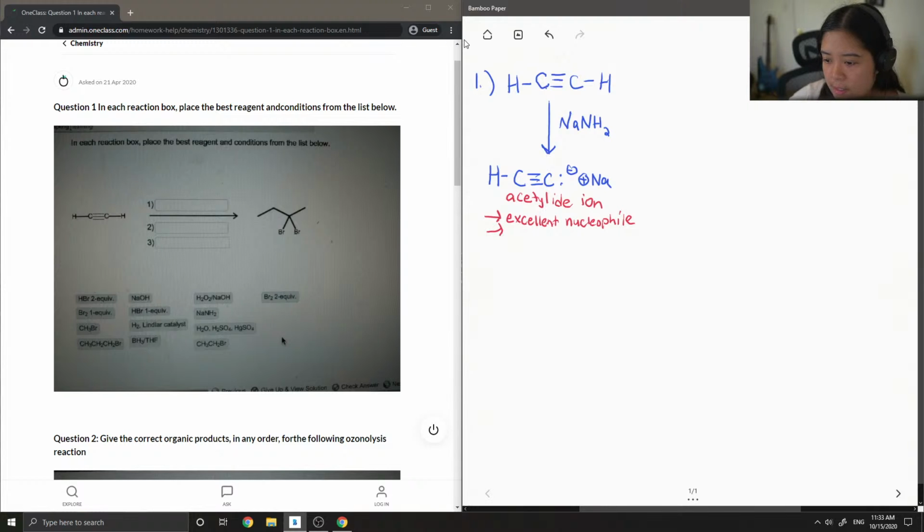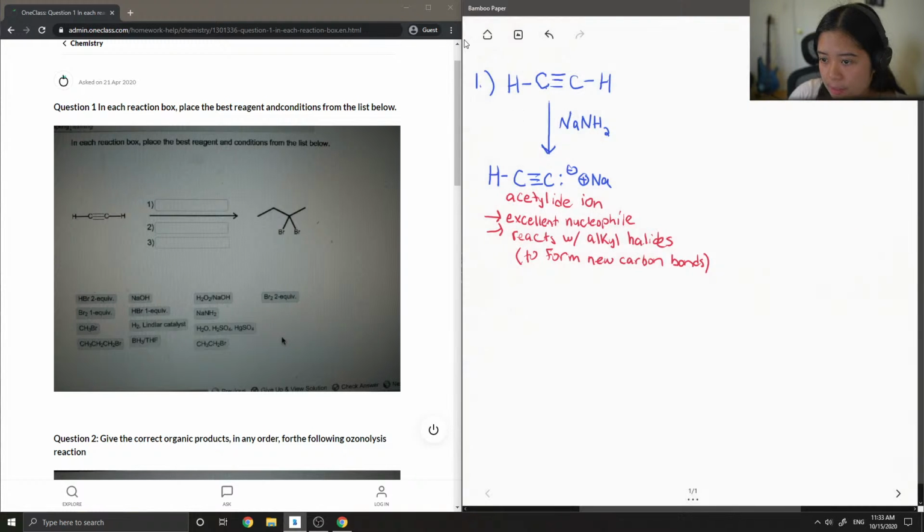And what it does is that it's able to react with alkyl halides to form new carbon bonds. Okay, so that's step 1.